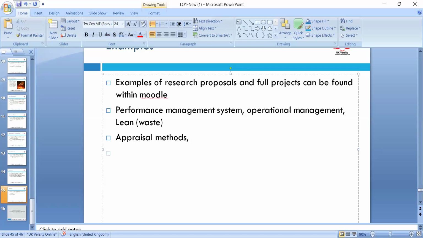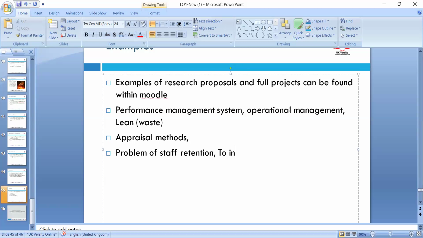Okay, yes, if in your own organization you have a problem of staff retention, we want to investigate. Investigate is a one-off.